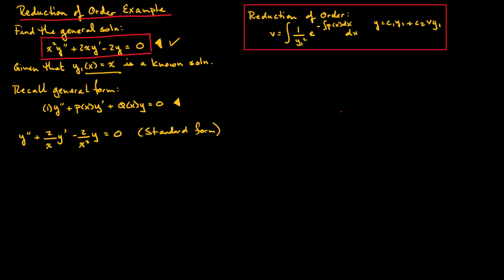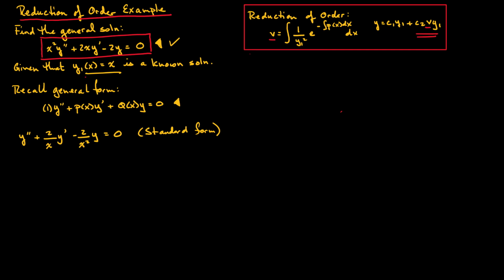So you start from this point before you start doing your reduction of order. What we're doing is seeking that second linearly independent solution, and for us to do that we need to find this factor v, which from the previous video is equal to this integral over here.